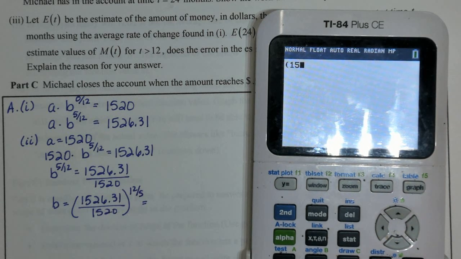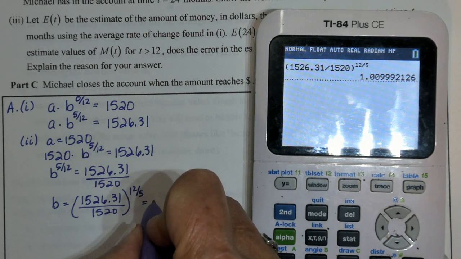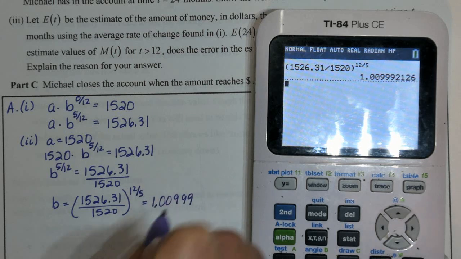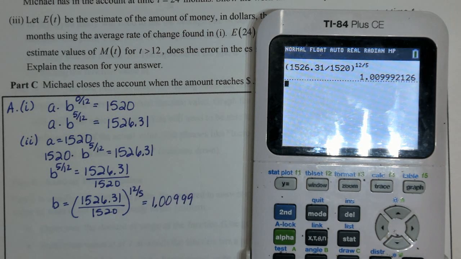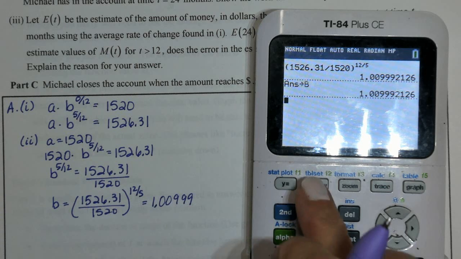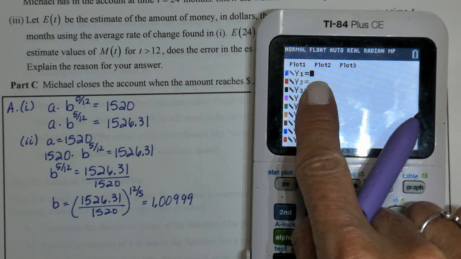1526.31 divided by 1520, all to the 12 over 5. So that is 1.00999. You must give at least 3 values after the decimal point. I'm going to store that number in for B, and I'm going to put my equation in for Y1.